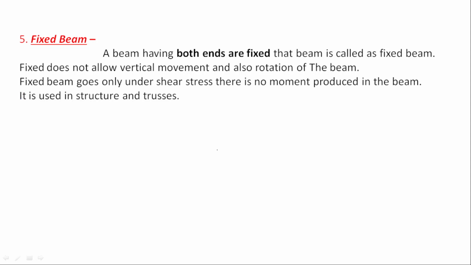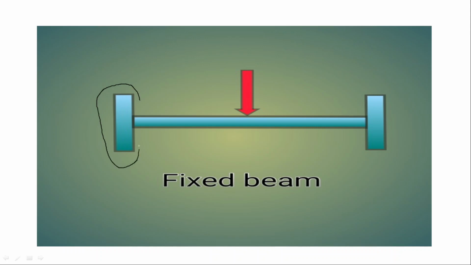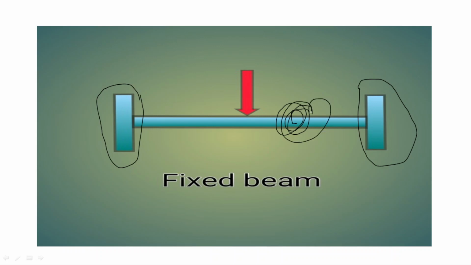It is used in structures and trusses. Both ends of the beam are rigidly fixed with their supports. This is the fixed beam. You can see both ends of this beam are fixed and you cannot move this beam by rotation or any other type.